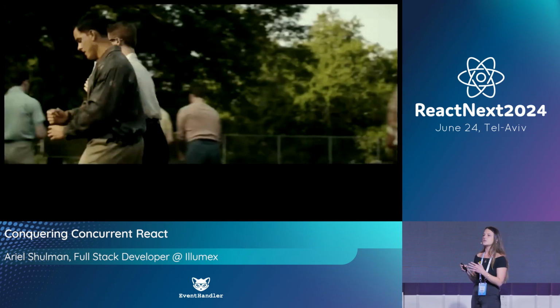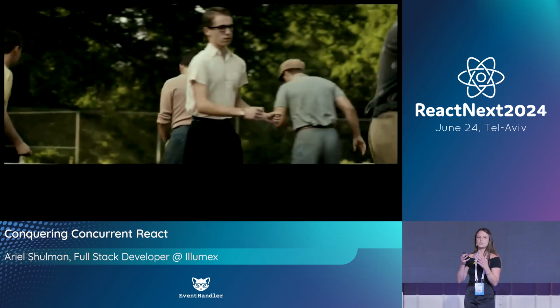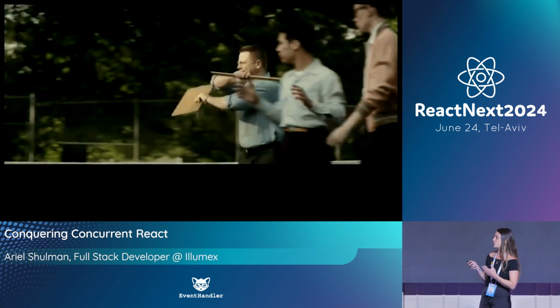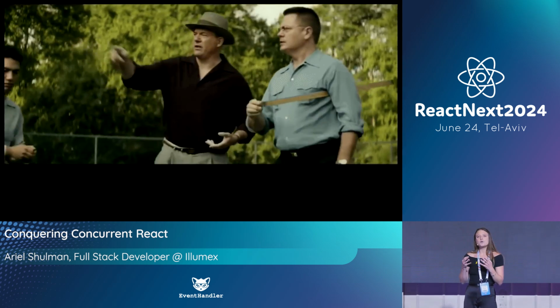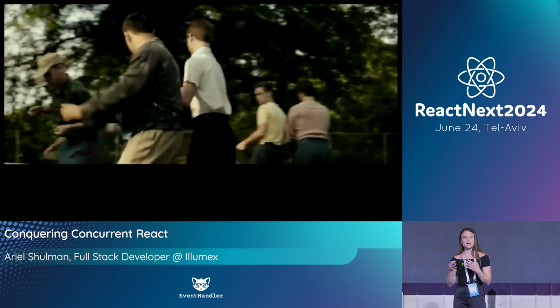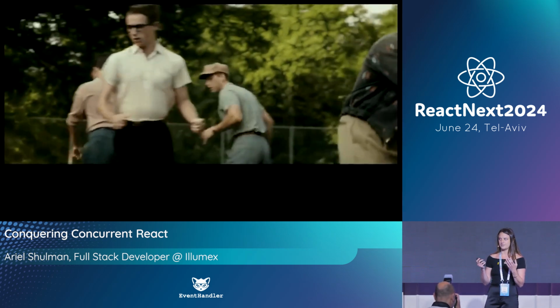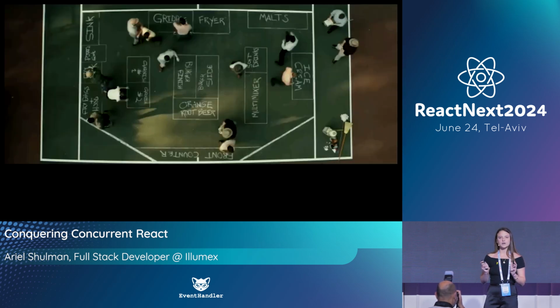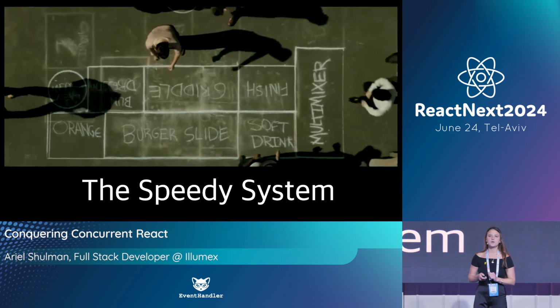On this tennis court, they tried designing different ways to arrange the kitchen and to distribute the work between the different workers. What they were looking for was the most perfect flow that would allow their workers to work in harmony, to continuously deliver. It took them around 6 hours on that court, but they found it. They found the speedy system.